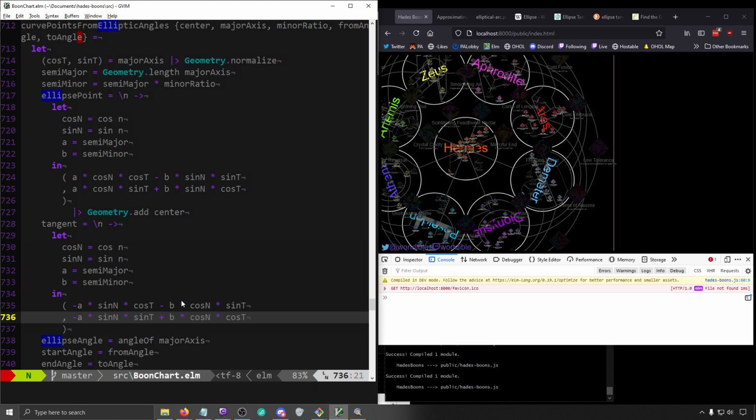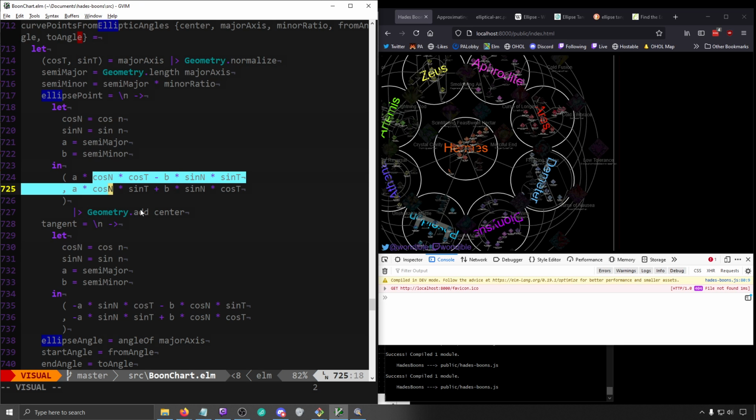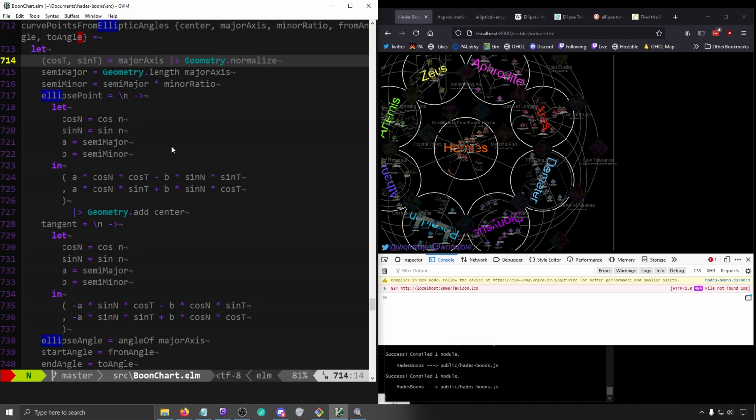What would our parameters be if we wanted to pick these full functions? We'd have the angle, we'd have the axis, and we'd have the pre-computed data of that.